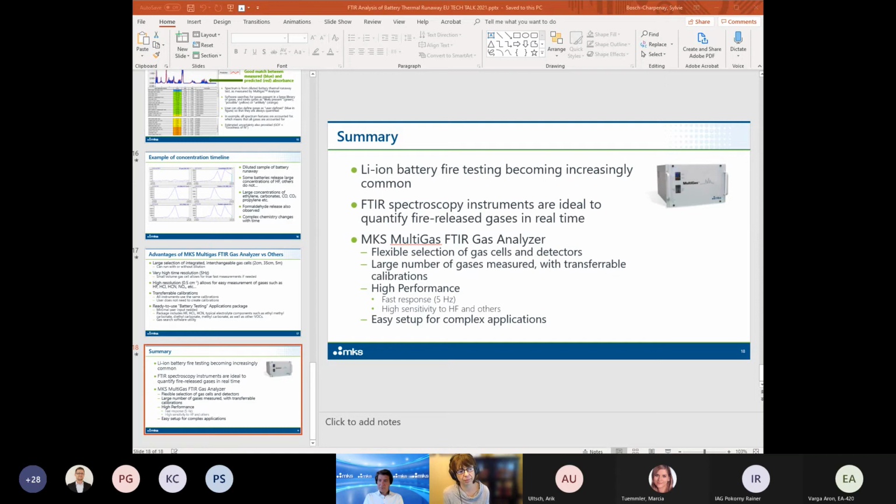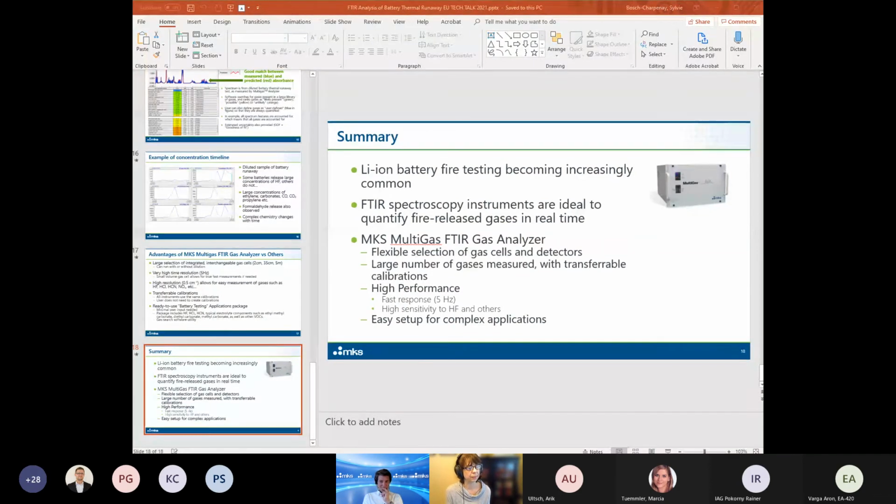And again, this is really like fire testing, sampling details that might depend on the situation.